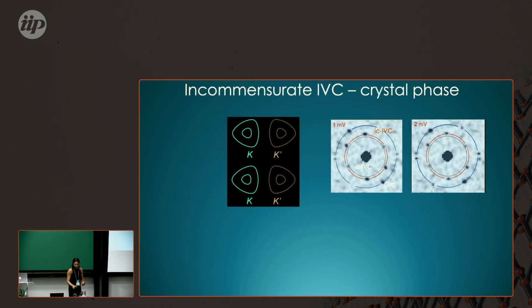Okay, the last thing we did here is we wanted to look more closely, with better resolution, at this intervalley coherence phase. So on one of the intervalley phases, we took a larger map, and this allows us to get the intervalley Bragg peaks, but much sharper.